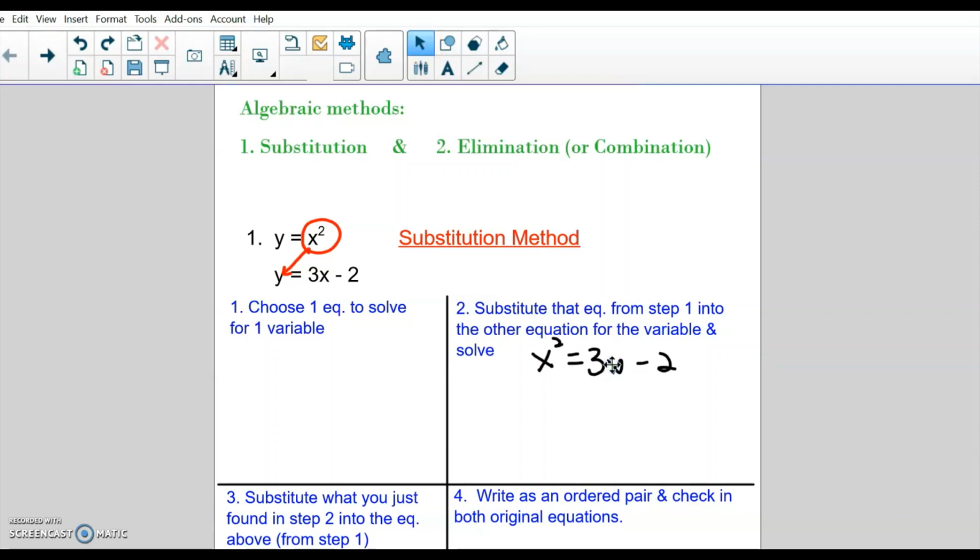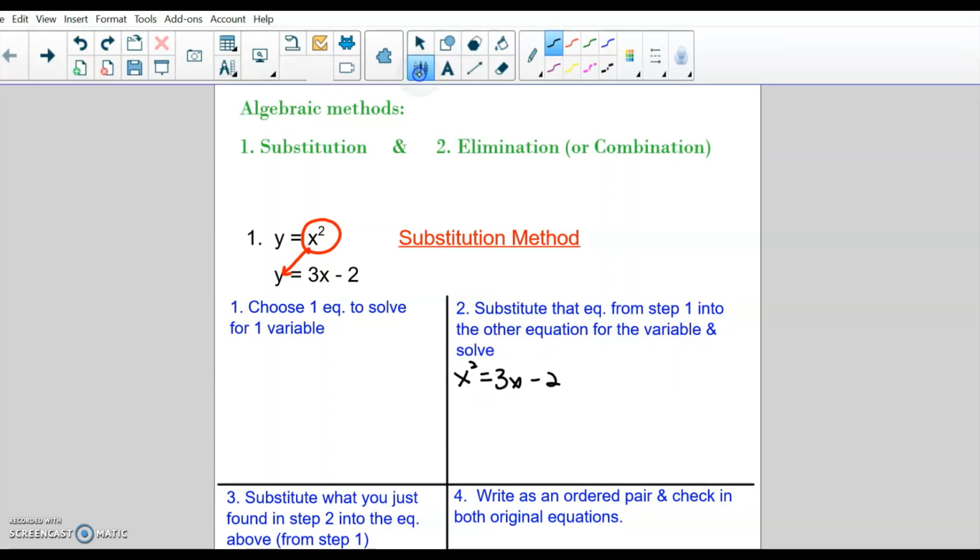Back in Algebra 2, you went over how to solve quadratic equations. So we should know that we're going to have 2 solutions here. I'm just going to squeeze this down a little bit. So we have x squared minus 3x plus 2 equals 0.